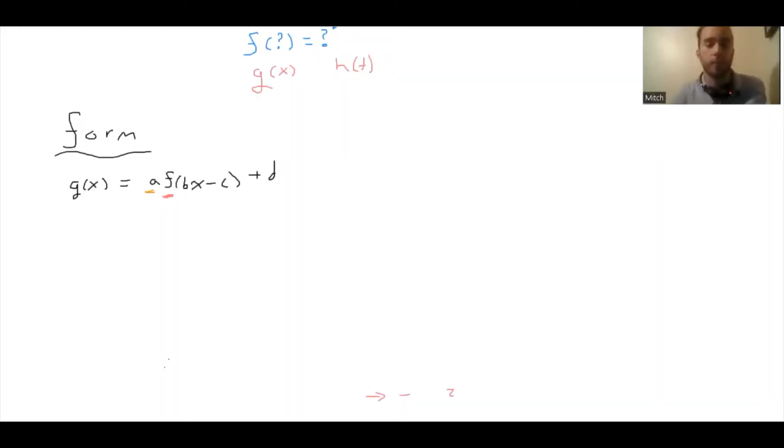But first, just to emphasize, here we had that our function looked like f of x to the -2, and then that elementary function was still just something being squared.